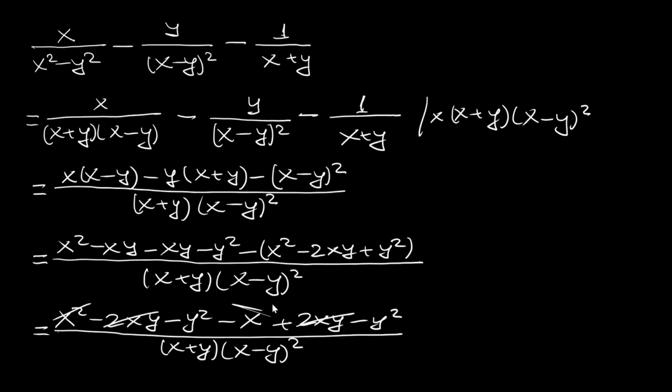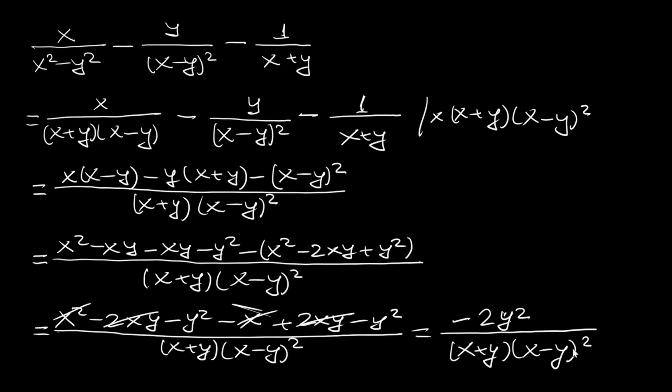We have x squared minus x squared, and yeah, that's it. So we thus obtain minus y squared minus y squared, which is minus 2y squared. And in the denominator we have x plus y times x minus y squared. And that's it.